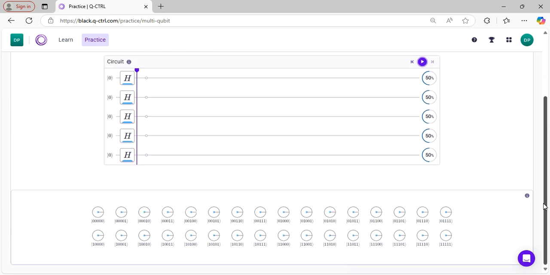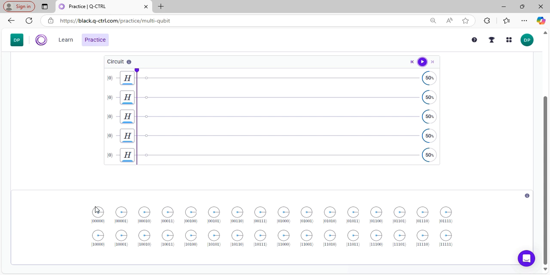All right. Now imagine if you had 1 million states in which a quantum computer can calculate instead of 32 states. That quantum computer would be way more powerful, and it would be able to calculate problems way faster.